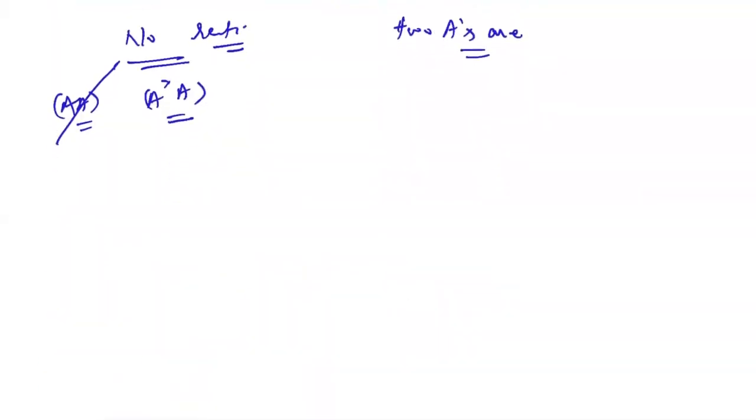Like with basic set theory, this is the universal set U. Here are A's, 1, 2 B's, 1, 2 C's, right?